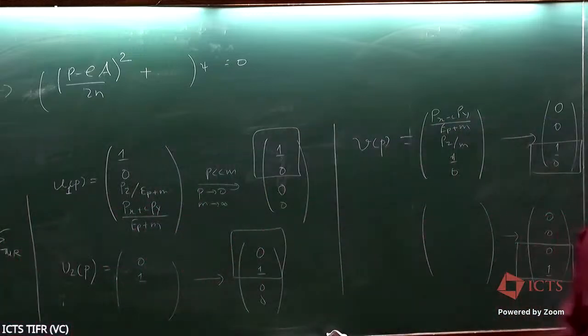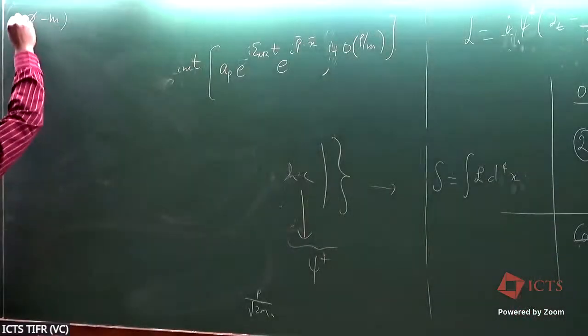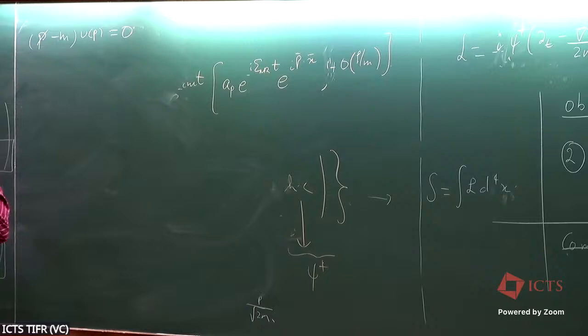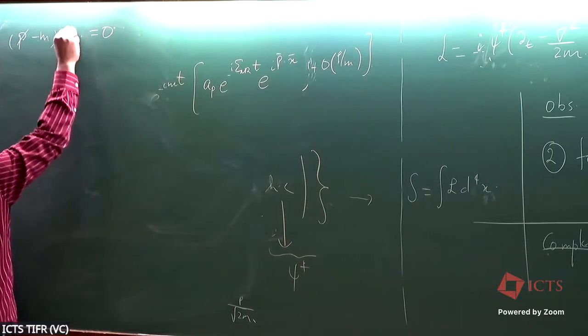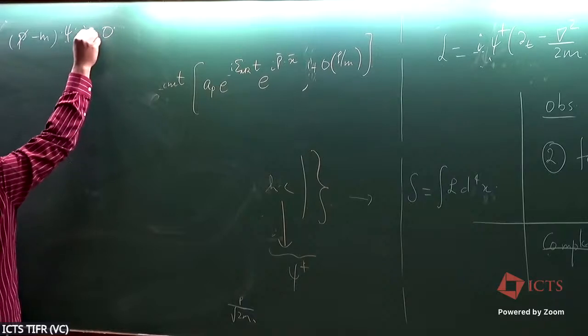So if you start with the positive energy solutions of the Dirac spinor and write the Dirac equation for this, the equation you start with is (p slash minus m) u of p is 0, or (p slash minus m) psi is 0.